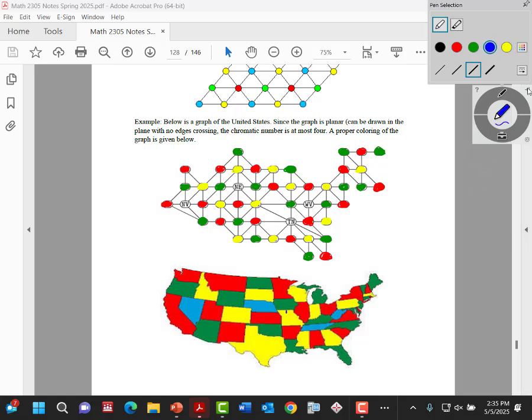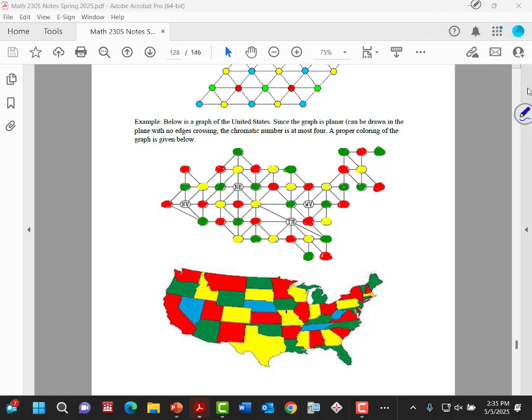for the remaining states: West Virginia, Tennessee, Nebraska, and Nevada. And so we just did a proper coloring of the United States map.